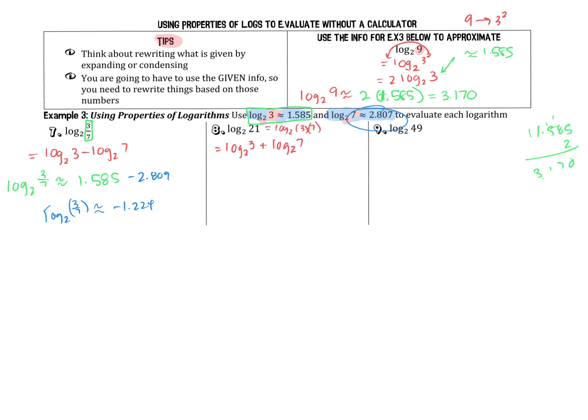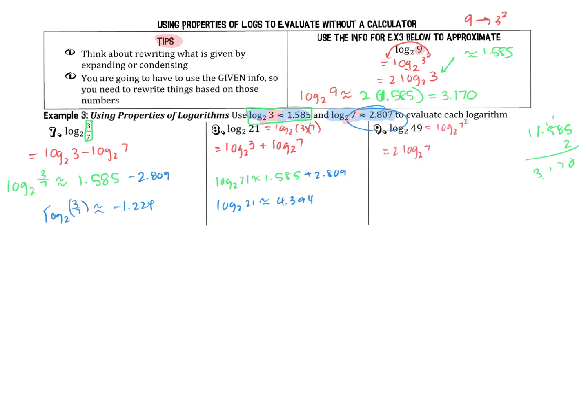So on 8, 3 times 7 is 21. We can expand that with addition, which means we can then say that log base 2 of 21 is approximately 1.585 plus 2.809, which means log base 2 of 21 is approximately 4.394.